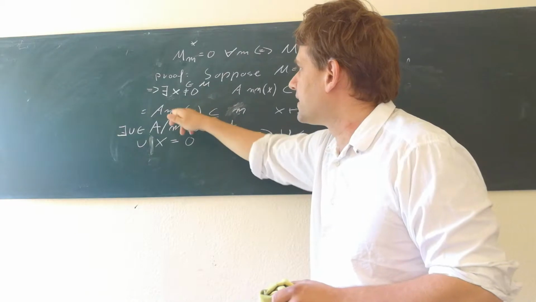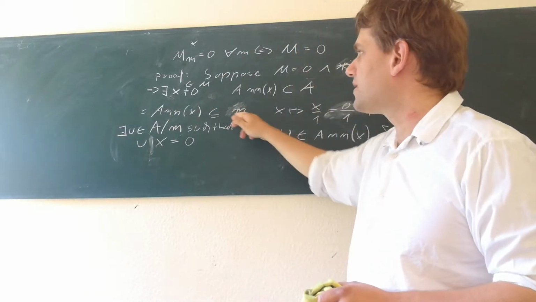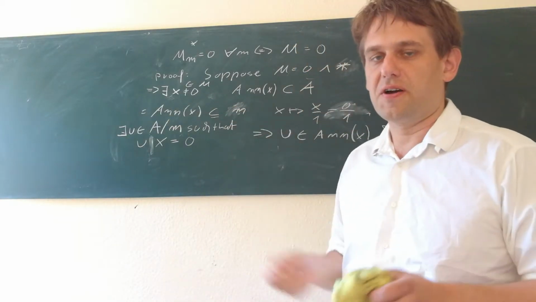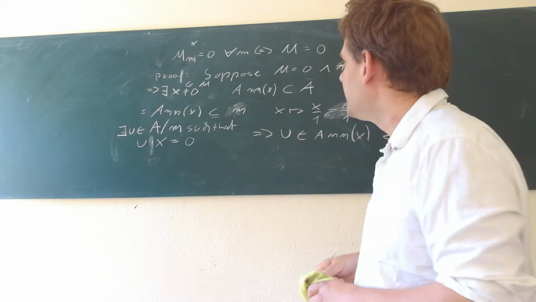So this ideal, the annihilator, is contained in a maximal ideal. We're going to call this maximal ideal small m.